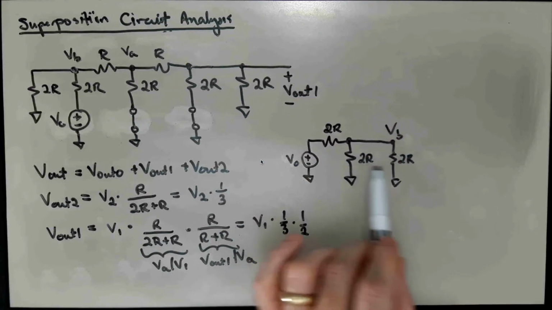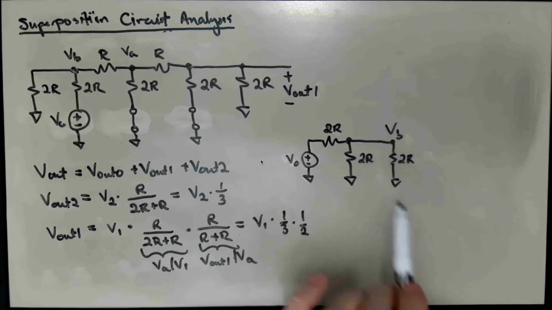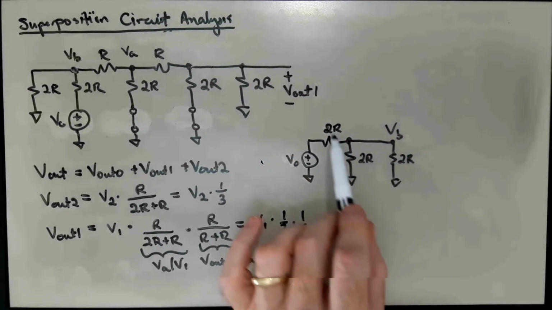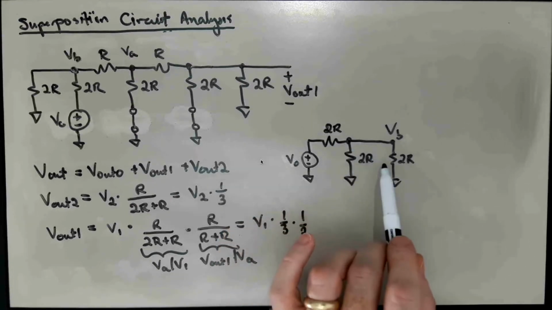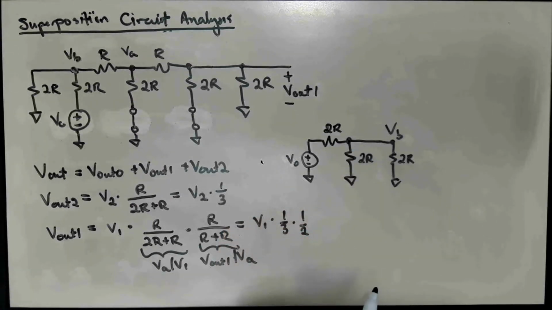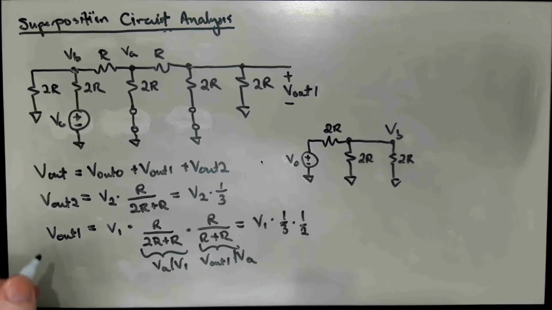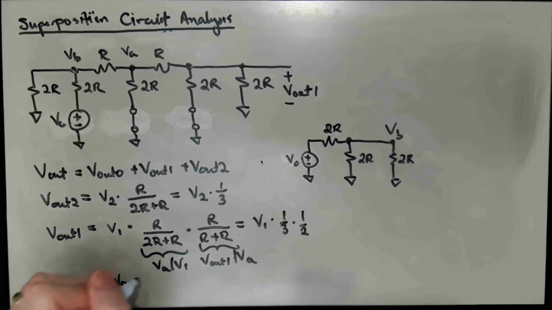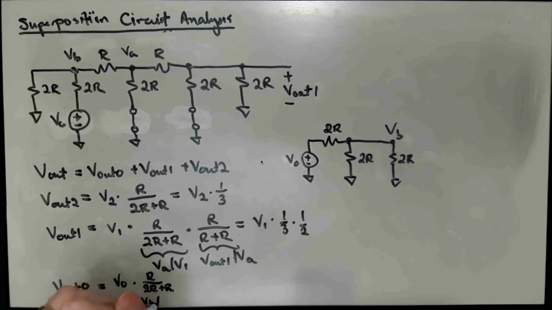And so again, 2R in parallel with 2R is just R, and we have a divider of R divided by 2R plus R, which is again a 1/3 divider. So Vout0 is V0 times R over 2R plus R. And this is VB over V0.